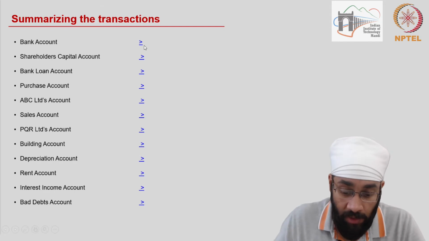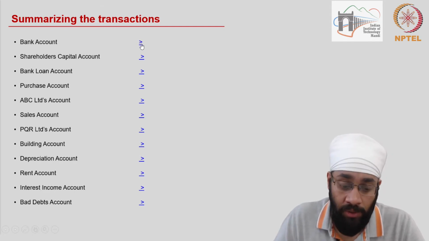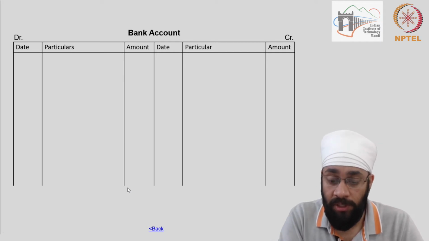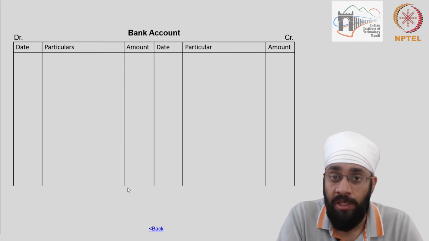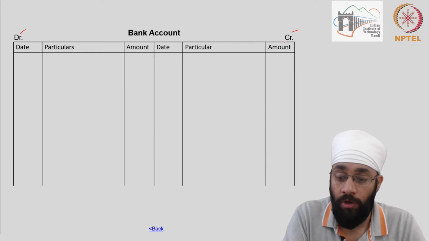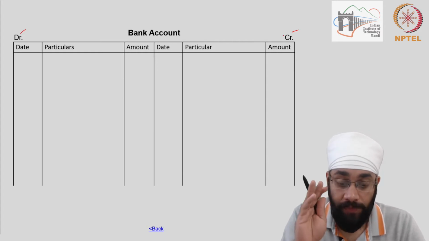If I click on this link here, I go to a page where I see a bank account. This is the same format as we discussed in the previous video. There is a debit side, there is a credit side, with 3 columns on each side.